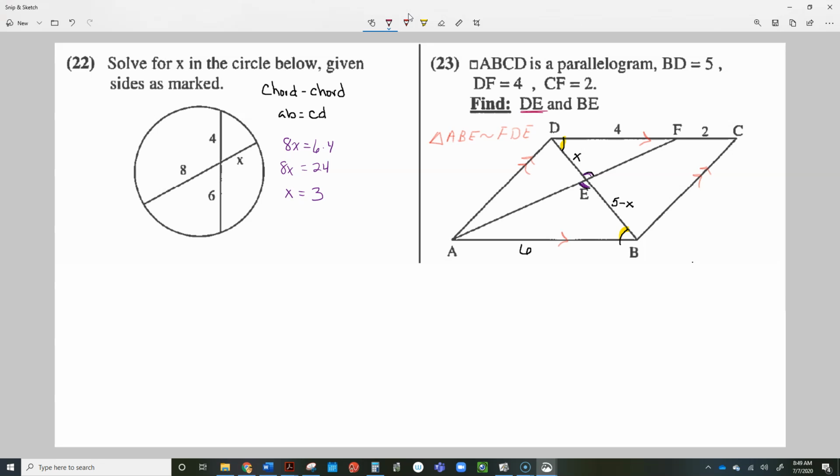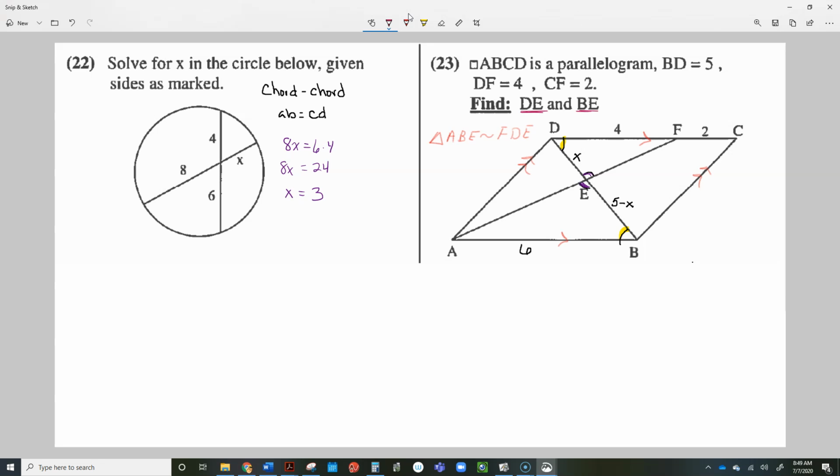I'm going to have to find that one too, but instead of putting another variable there, I said, well, if this is X and the whole thing is 5, then this piece right here is 5 minus X. So the fewer variables we can have, the better off we'll be.